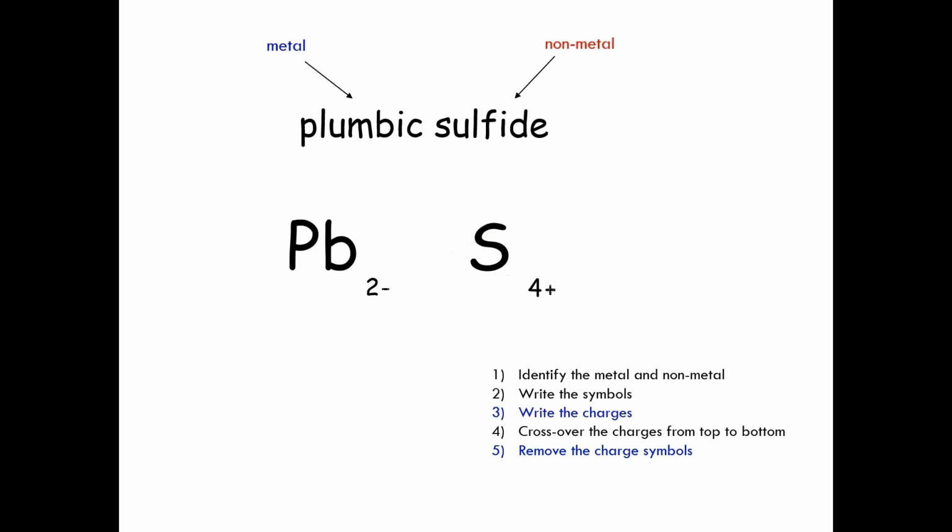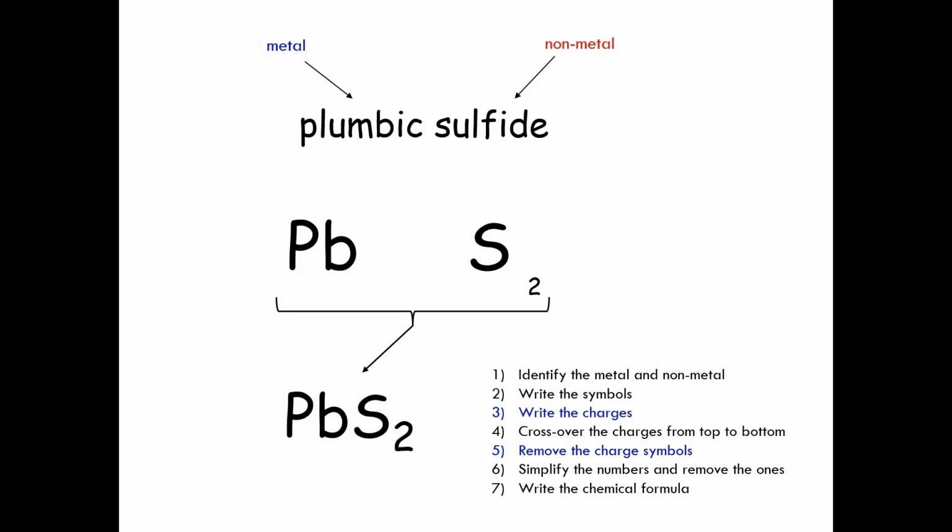Remove the charge symbols. And rule number 6, simplify the numbers and remove the ones. Of course, we can simplify here by dividing both values by 2. Doing that, I leave lead with a 1 and sulfur with a 2, so I can remove that 1. And when I write the chemical formula, I'm left with PbS2.